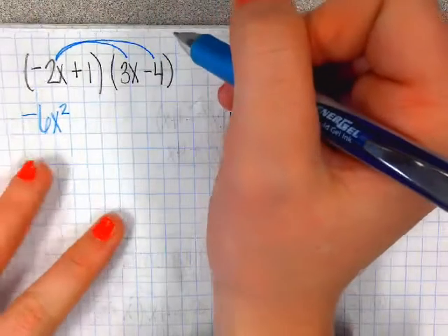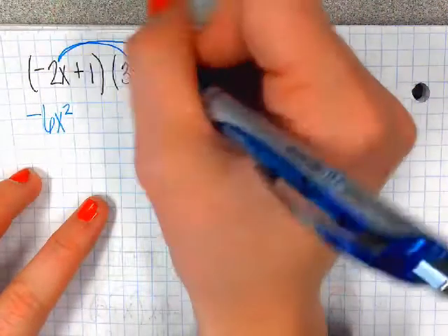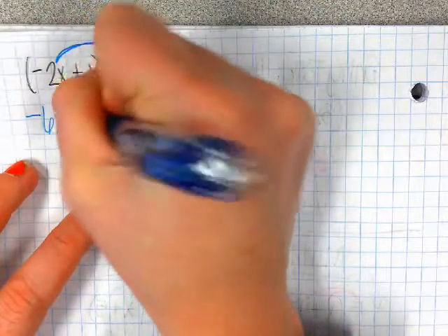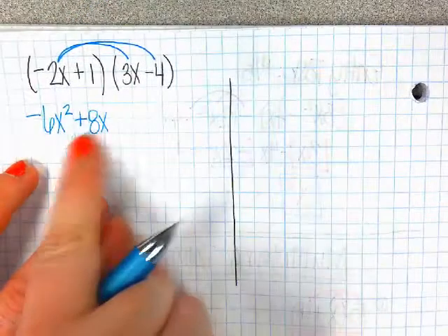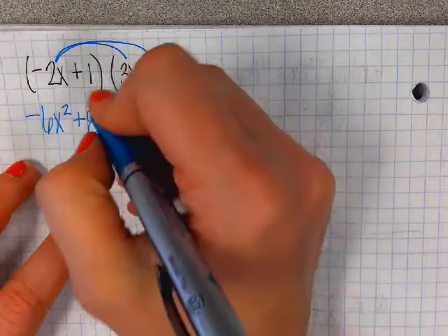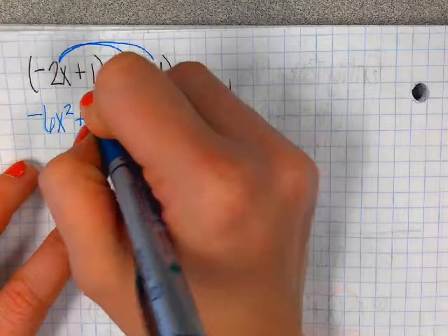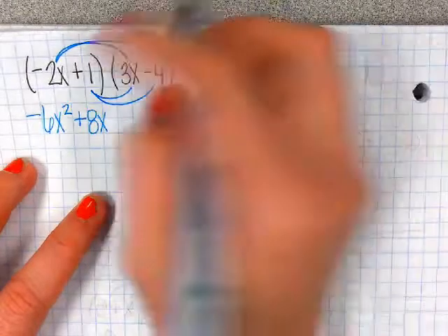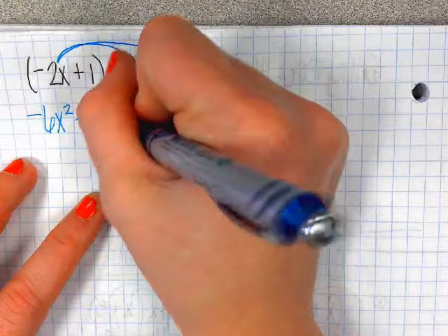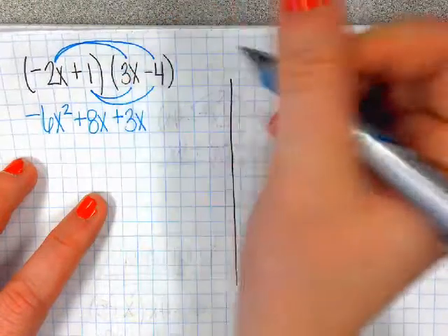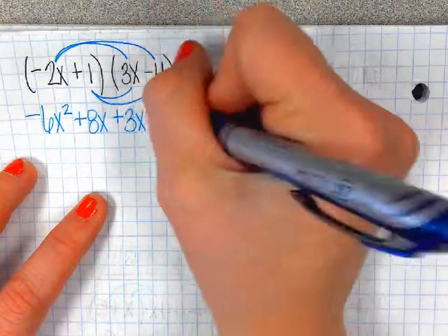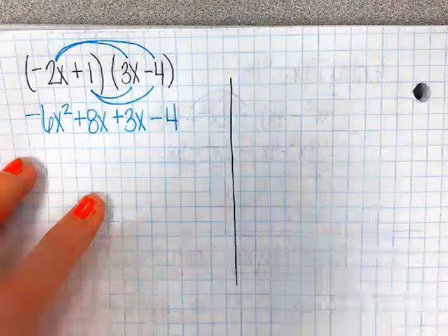What is negative 2x times negative 4? What's a negative times a negative? Positive. 2 times 4 is 8, so it'd be 8x. A negative times a negative is positive, so that's why I put addition. Then I need to distribute the second term. What's 1 times 3x? 3x. What's 1 times negative 4?